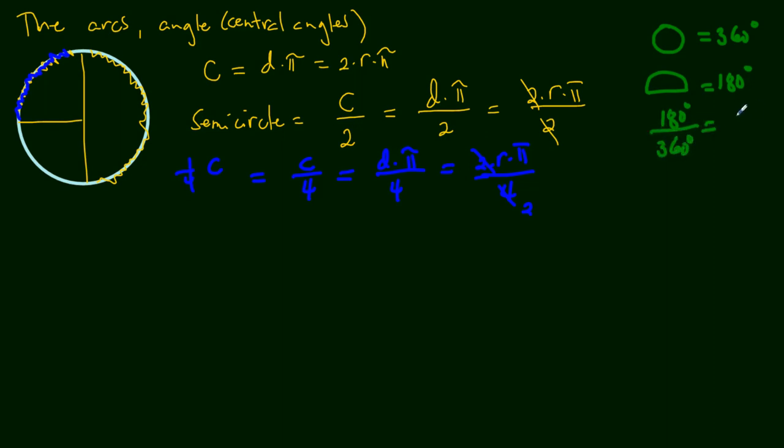That means it is 1/2, like what we got here. If I have 90 degrees, that's 1/4. Then I have 90 of 360. Then you will see it is 1/4. That's why we have 1/4 there.